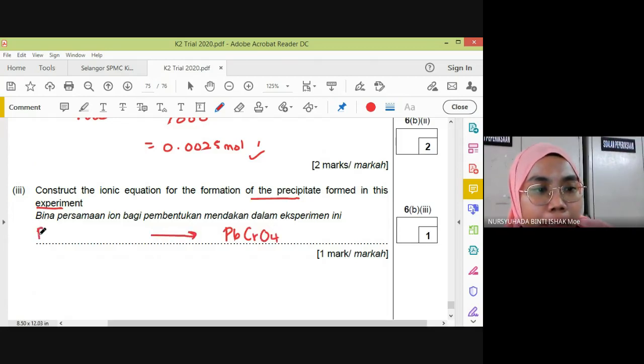Mesti ada Pb 2 plus, chromate ion, CrO4 2 minus. So dapatlah lead(II) chromate(VI). O ni kena besar. O biasalah.